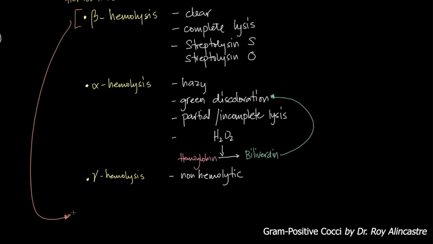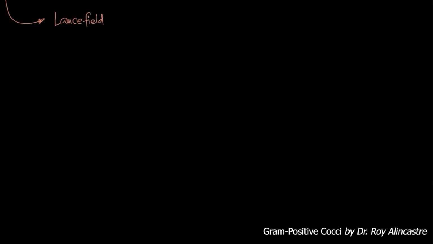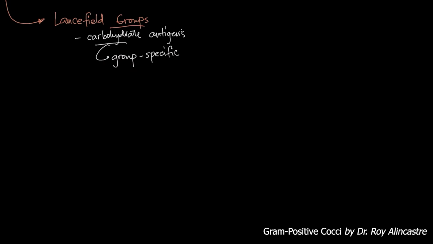Another system of classification was developed by Rebecca Lancefield, who demonstrated carbohydrate antigens in cell wall extracts of the beta hemolytic streptococci. This system divides strep isolates into different alphabetically named Lancefield groups: Group A, B, C, etc., based on the cell wall carbohydrates displayed by each species.